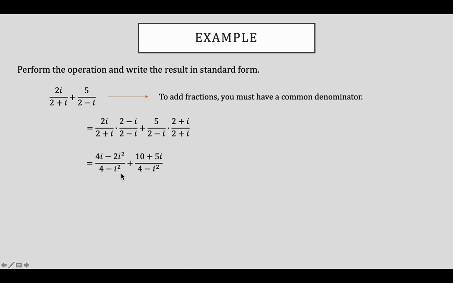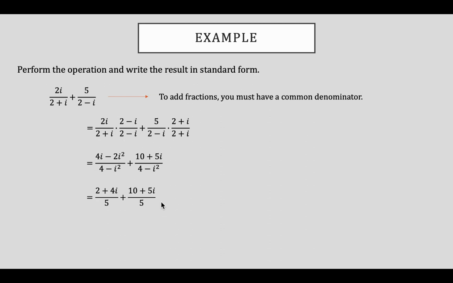What's even better, however, is that we can continue to simplify these. Subtracting i squared is the same thing as subtracting negative 1, and our common denominator is actually going to be positive 5. Also, in my first numerator, minus 2i squared, I can rewrite that as plus 2. So 2 plus 4i over 5 plus 10 plus 5i divided by 5.